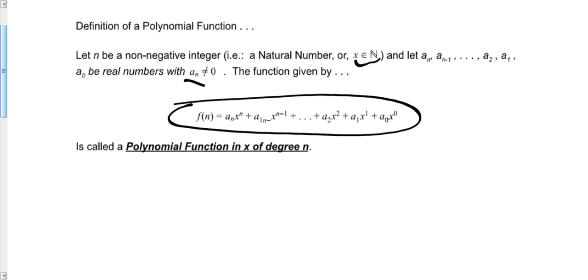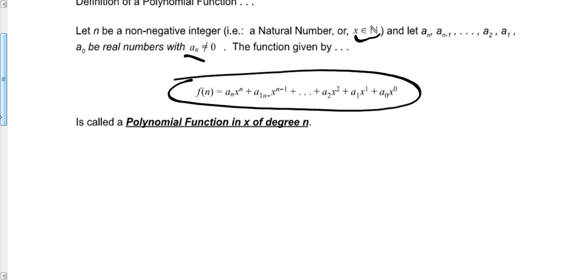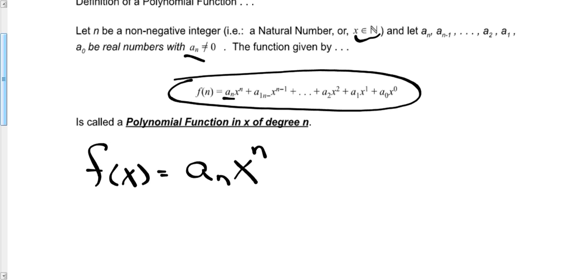What does that mean in English? So, I have a function, right? And this first coefficient cannot be 0. I call it a sub n because it's a coefficient, and it is in front of x to some power of n.